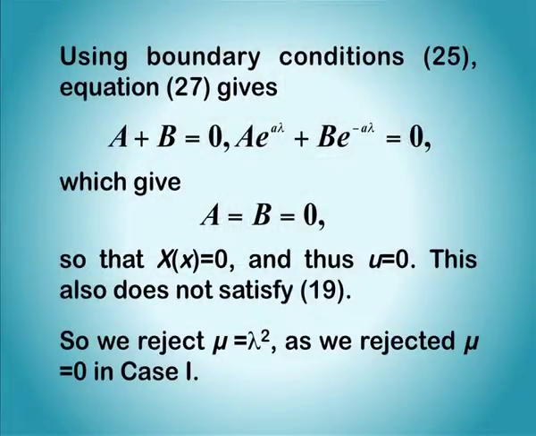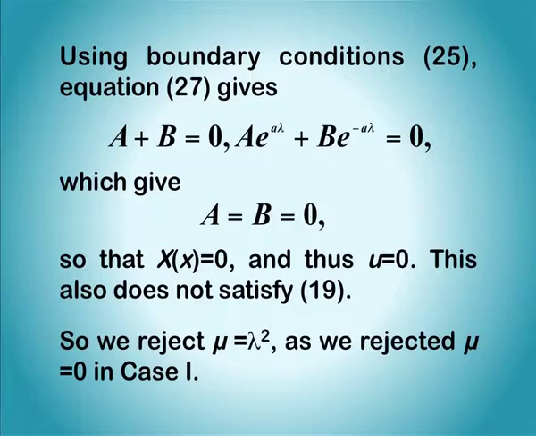So, in the second equation on the right-hand side, I take a common factor, and it will be e to the power a lambda plus, it becomes minus because I am substituting b is equal to minus a. So it will give you minus e to the power minus a lambda is equal to 0.